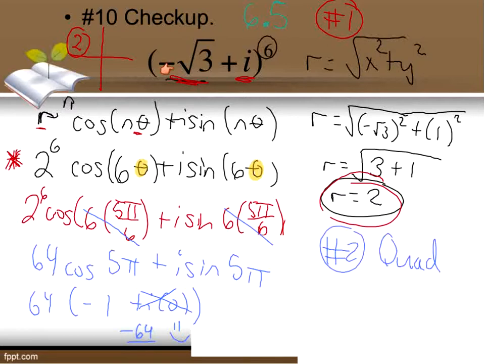You're going to look at your coordinate and ask yourself, where would this point be located? If you go -√3 spaces and then a positive I, that's in your second quadrant. To figure out what the actual value of theta was, you're always going to do tangent theta equals b over a, and figure out where does tangent equal that amount. And in this case, it was at 5 pi over 6.